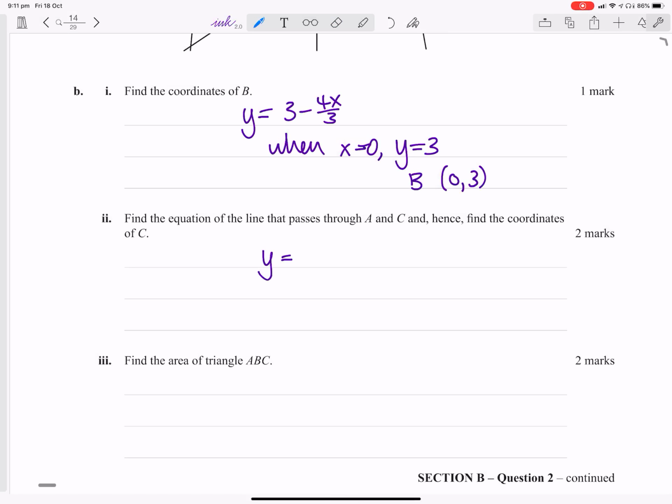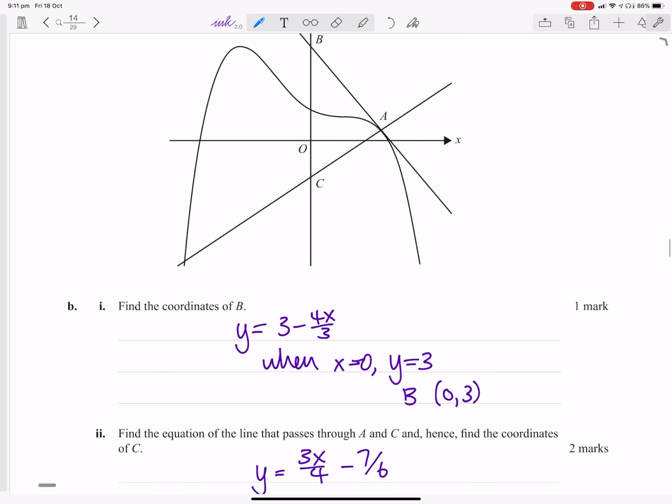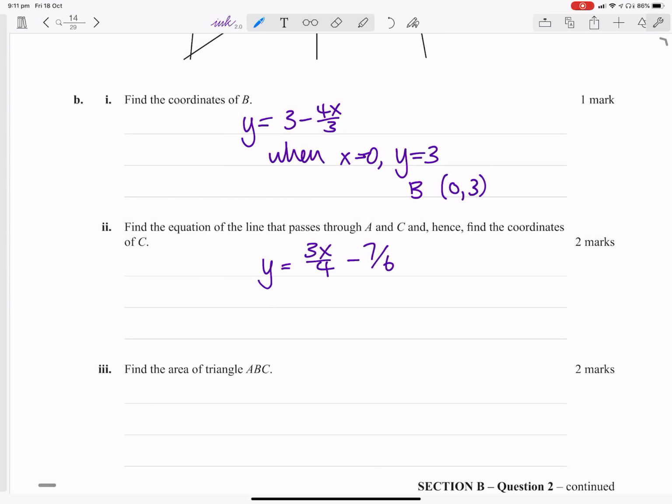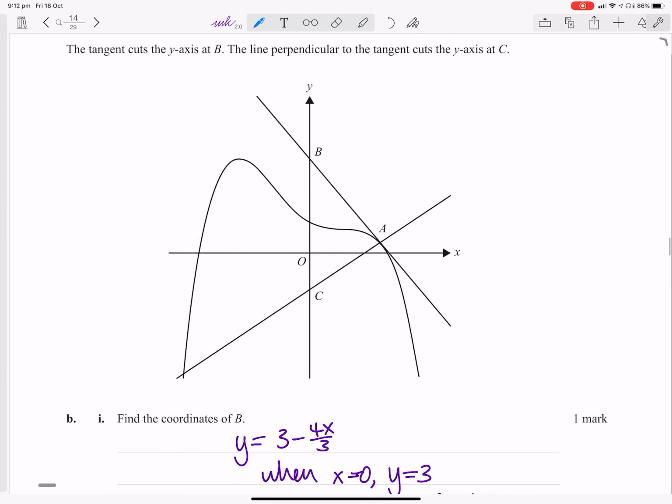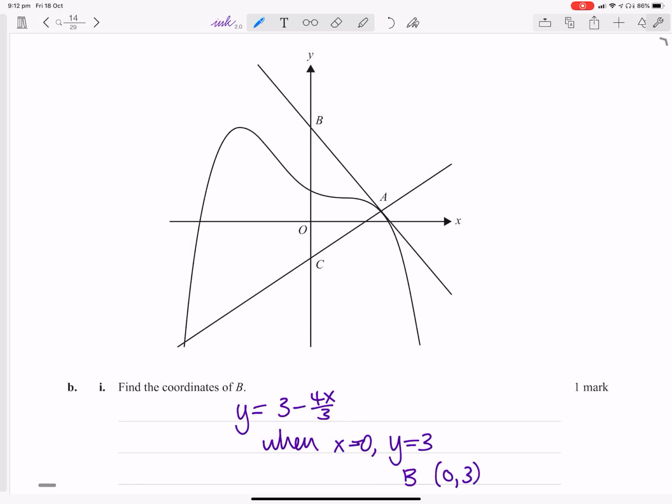Hence find the coordinates of C. So C is going to be 0, negative 7 on 6. Find the area of the triangle ABC.